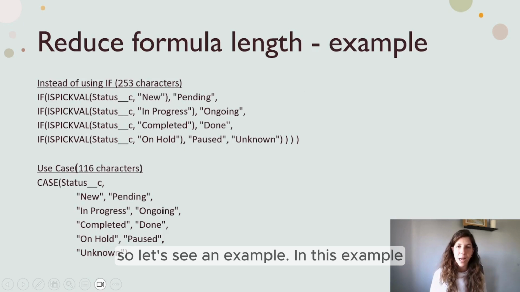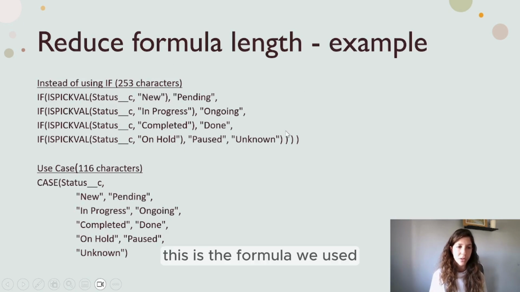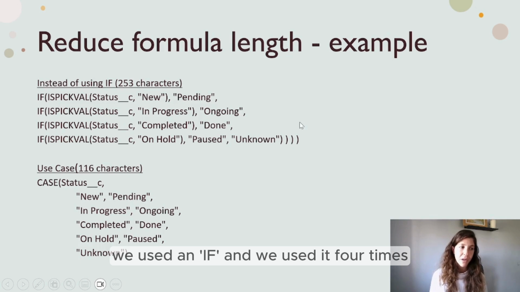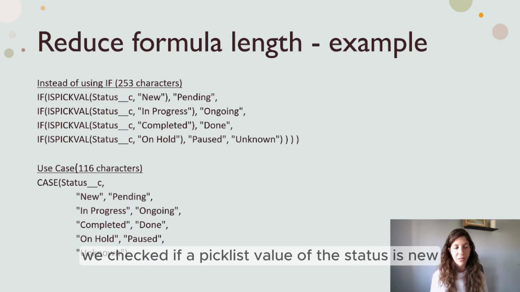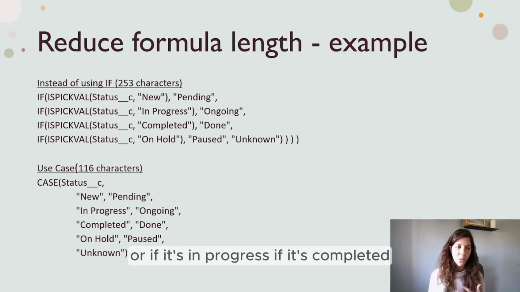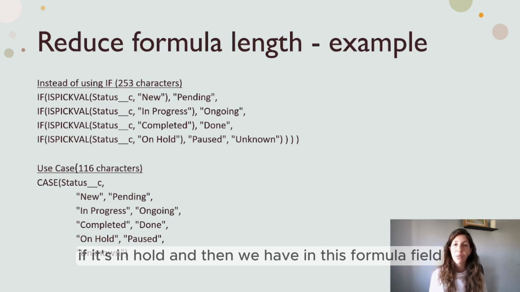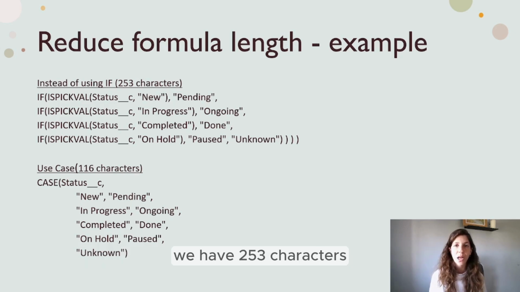So let's see an example. In this example, this is the formula we used. We used an IF, and we used it 4 times. We checked if a picklist value of the status is New, or if it's In Progress, if it's Completed, if it's On Hold. And then in this formula field, we have 253 characters.